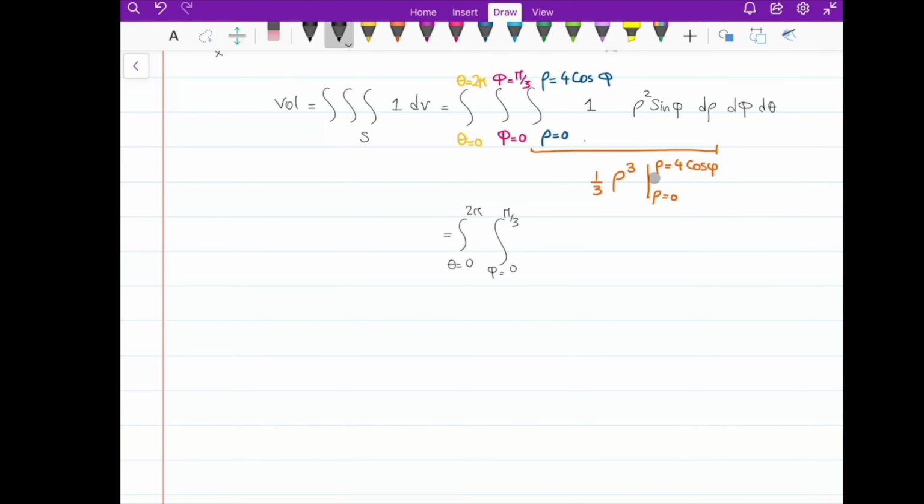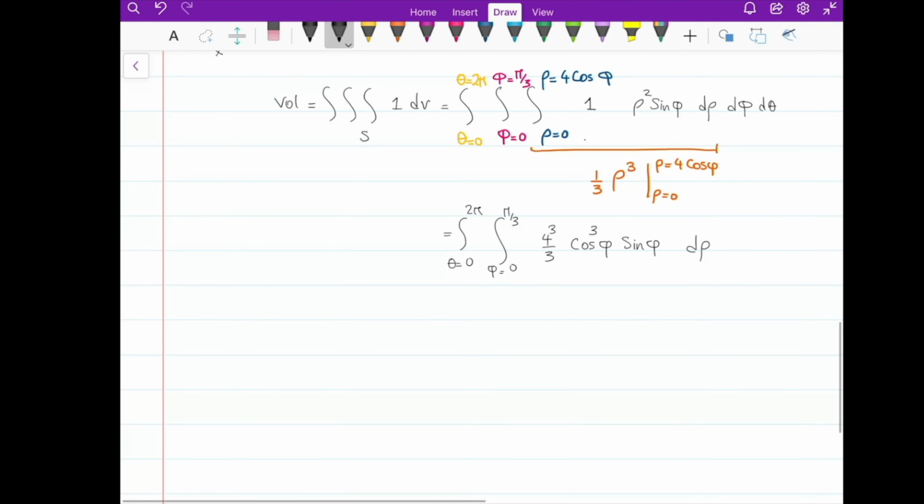Now let me plug in 4 cosine phi for rho. Then I get 4 to the power of 3, cosine cubed phi, sine phi, minus 0, right? And then not d rho, because I calculated that, so d phi and then d theta.